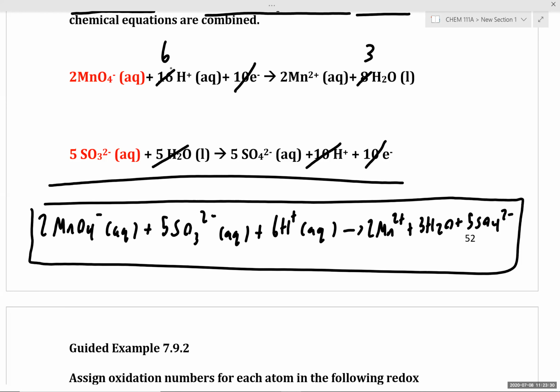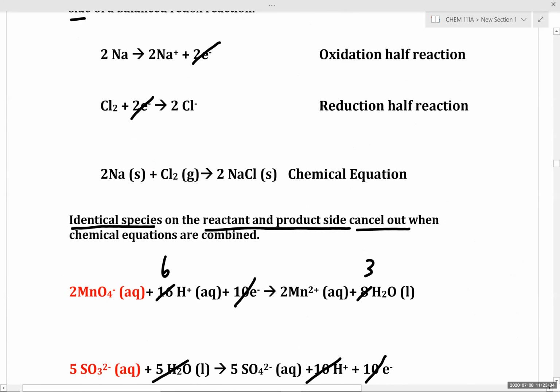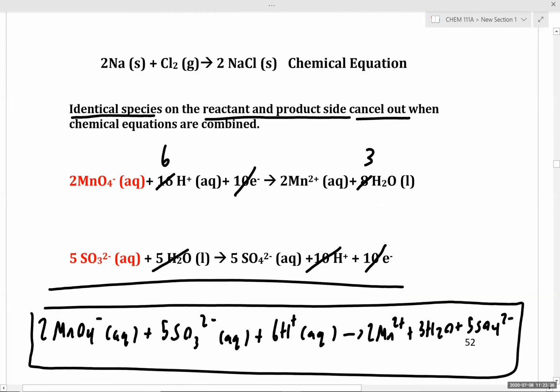Wait, so for the top one, how did you get 3 when you cross out 8? Because we have 5 water on the left and 8 minus 5 gives us 3, while 5 minus 5 gives us 0. Since we have water on each side, if we have 8 on the right and 5 on the left, we can cancel 5 from each side.